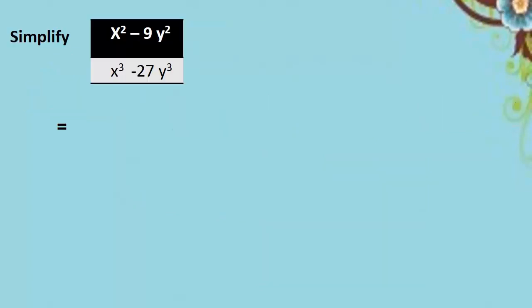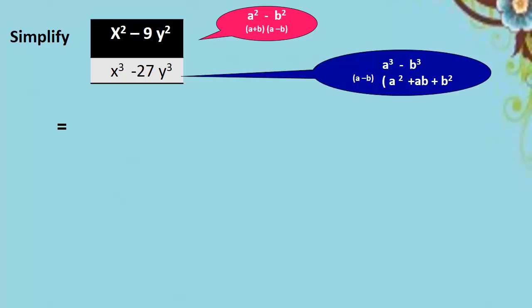The next sum is (x square minus 9y square) upon (x cube minus 27y cube). Identify the numerator. This is a square minus b square. So factors are (a plus b) into (a minus b). This will be (x minus 3y) and (x plus 3y). What about the denominator? This is nothing but a cube minus b cube.